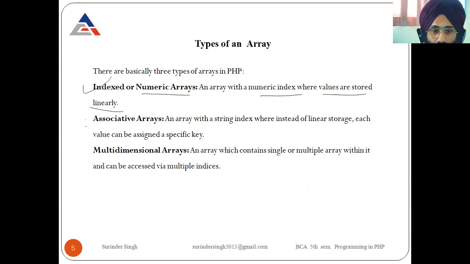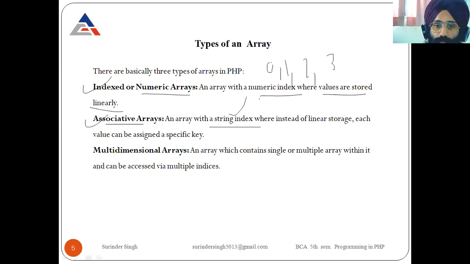Second is the associative array, an array with string indexes. In an indexed array the index values are numeric, like 0, 1, 2, 3, but in this case we can have string indexes.